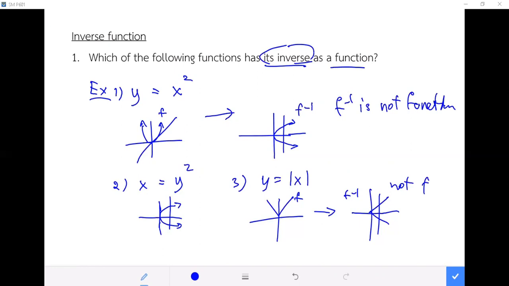Again, you're gonna have to think what kind of graph will come out, that when you flip it 45 degrees, it will come out to be a thing that passes the vertical test.